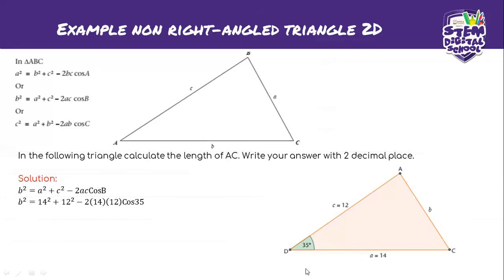Then after we have substituted the values, you can just press your calculator. When you reach this stage here, put everything in your calculator and press the equal sign. Thereafter, you're going to obtain this value here.